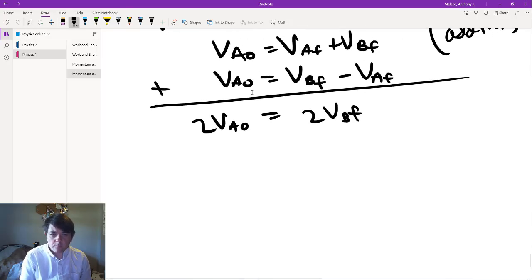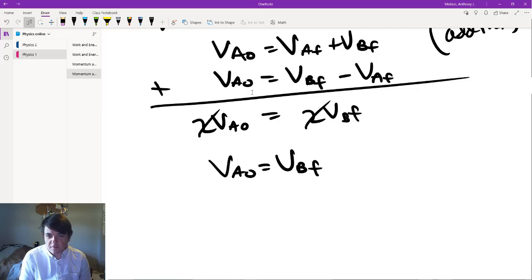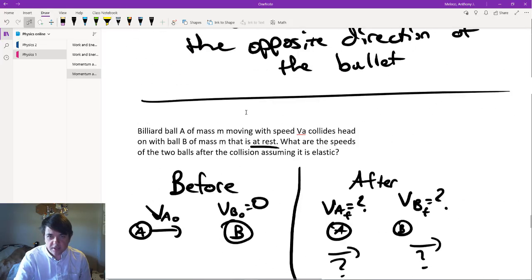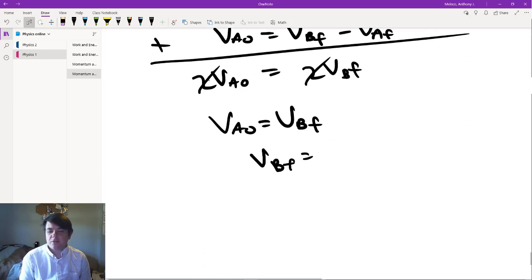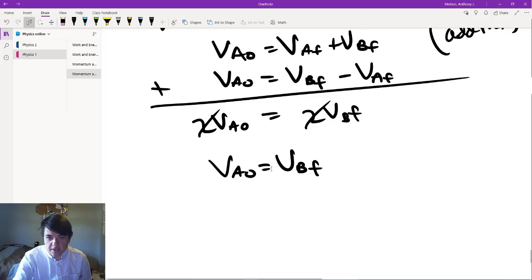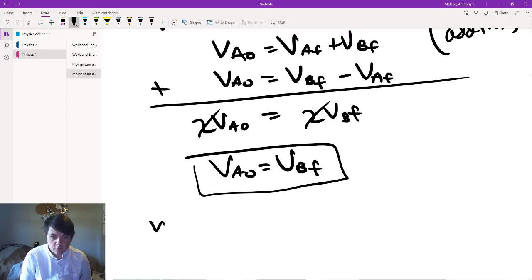So the 2's cancel, and what is this? VAO, the initial velocity of A, is equal to VBF. Oh, that's right, we're not doing this with numbers. So if VBF is VAO, then we solve for 1.